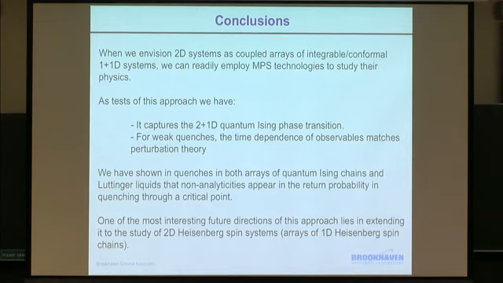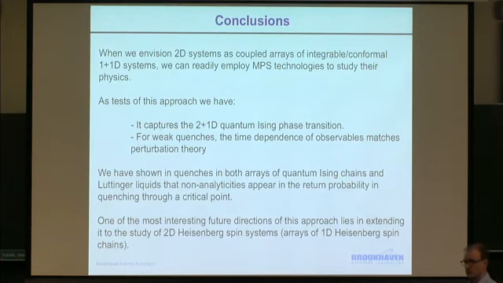In equilibrium, it can describe the 2+1 quantum Ising critical point, and at least for weak quenches, we can match onto unitary perturbation theory. We see that in both the coupled quantum Ising chains and the coupled Luttinger liquids, when we quench into a different phase, non-analyticities appear in the log of the return probability.